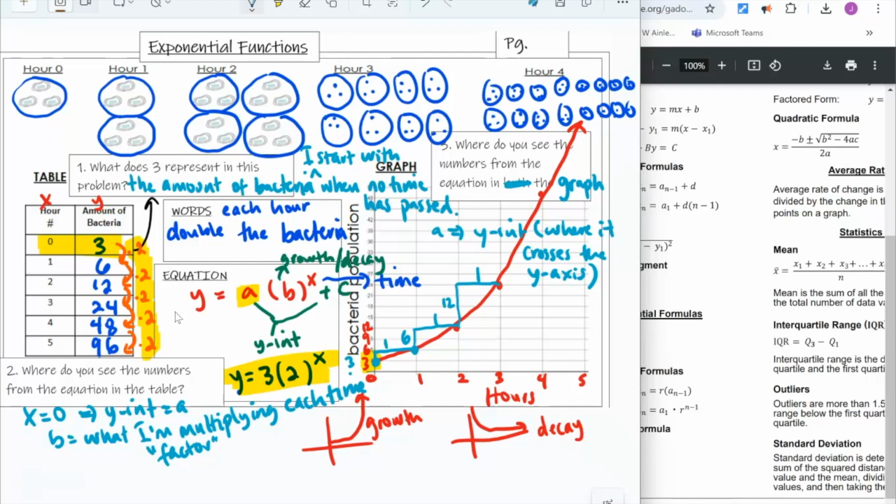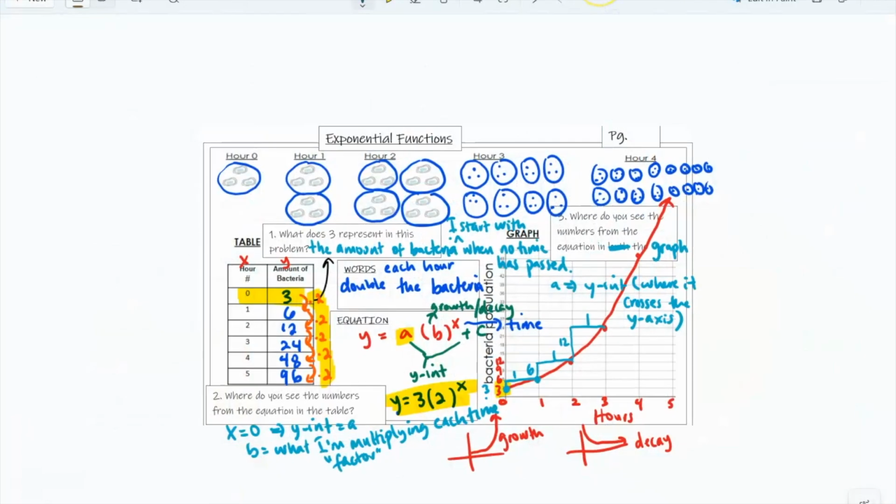So from the graph, if you want to find the rate of change, what you're going to do is take the second point's y value and divide by your first point's y value, and that gives B. So I have 6 divided by 3, and it works for any, or I could have done 12 divided by 6.